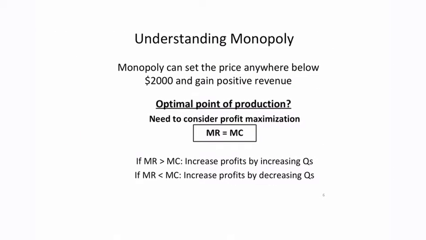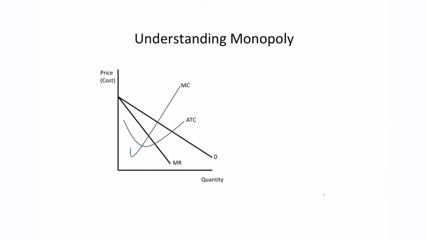Now, if we look at this from a graphical perspective, as you can see here, marginal revenue is equal to marginal cost. We'll call this point A. This is going to give us the quantity of 300 units. They're going to set a price based on the demand, which will be point B. So point B corresponds to the price of $1,400.